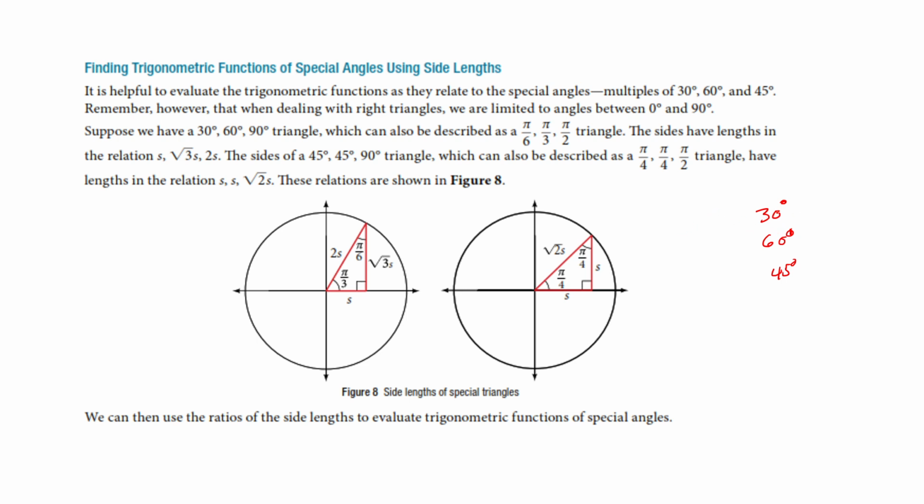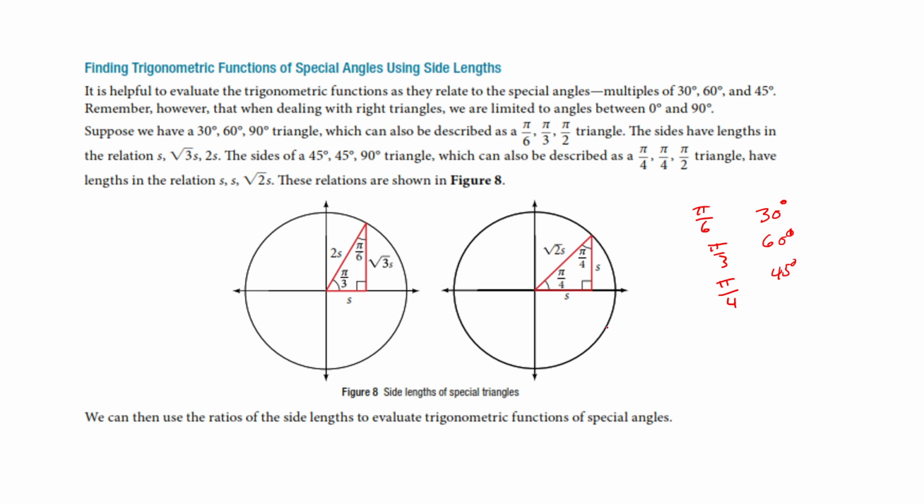So 30 degrees is also pi over 6 in radians. 60 degrees is pi over 3 in radians, and 45 is pi over 4. So we can just go back and forth between these special angles, just converting between whichever system you want to be working with.